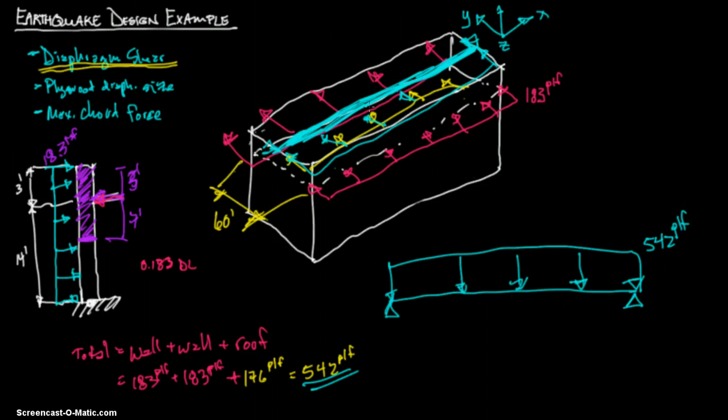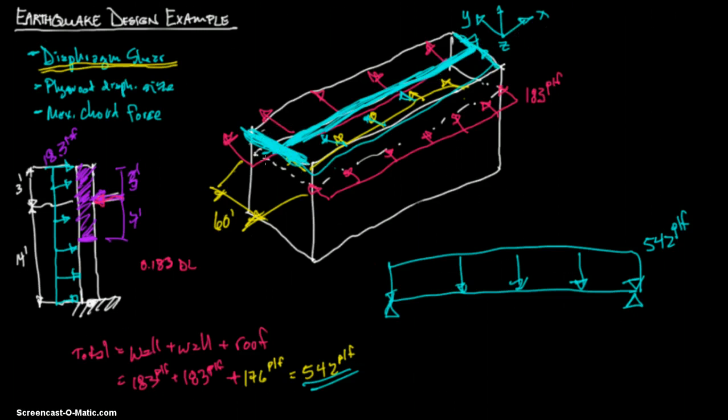So we look at that diaphragm as a simple beam, and if we do that, you can get these reactions along this entire length. You can just think of it as a really thick beam, a 60-foot tall beam.